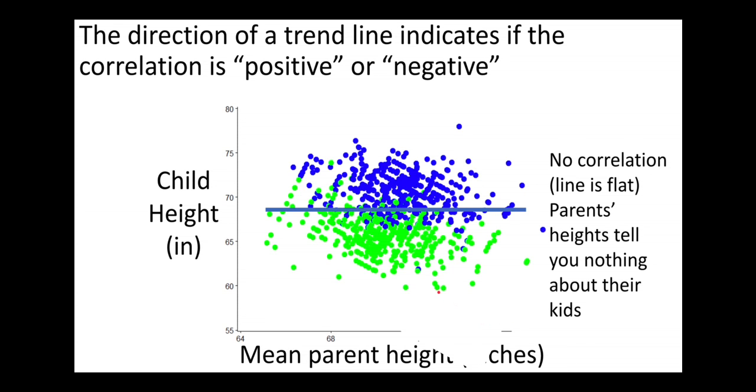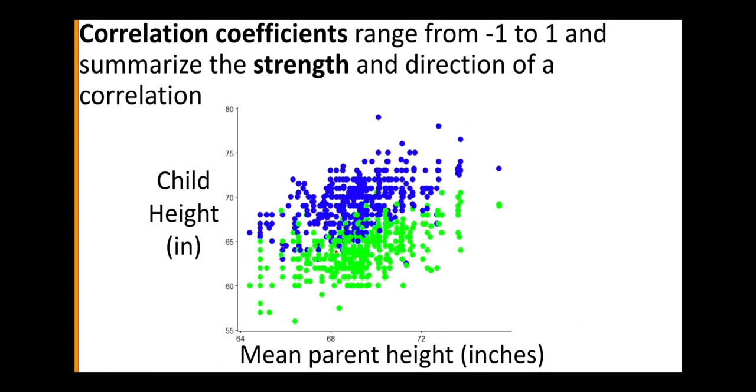Practically, that means that knowing the parent's height tells you nothing about the children's height. A mean parent height of 68 could have children who are as low as 60 and as high as 75. So there's no consistent relationship there, no correlation.